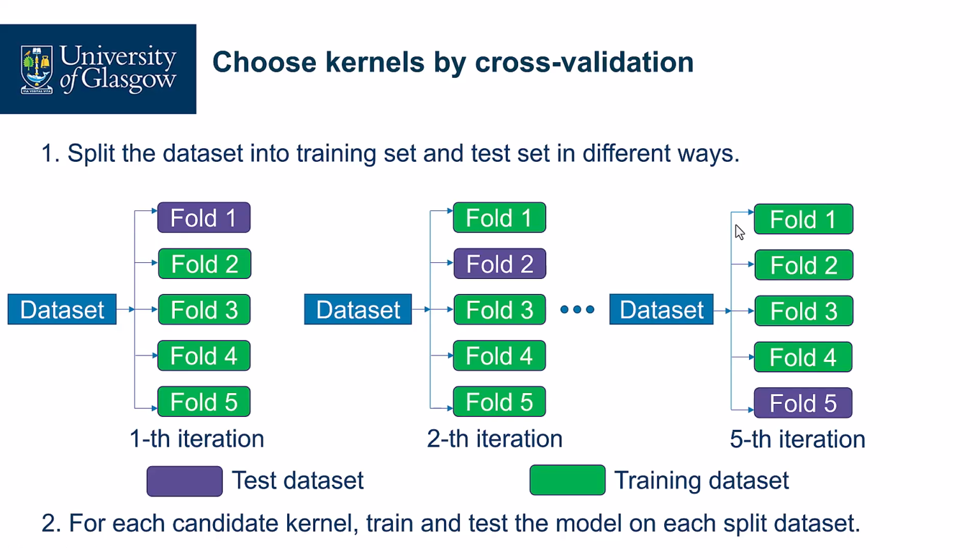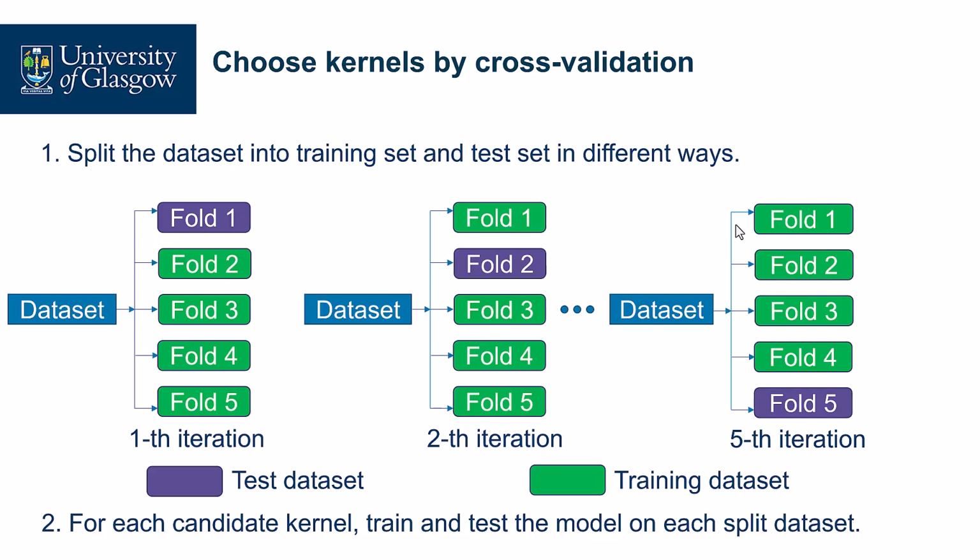The whole data set is randomly split into 5 groups. In each round, we use the other folds as training data and one of them as test data. I won't discuss the details because they have been described several times in previous sessions.